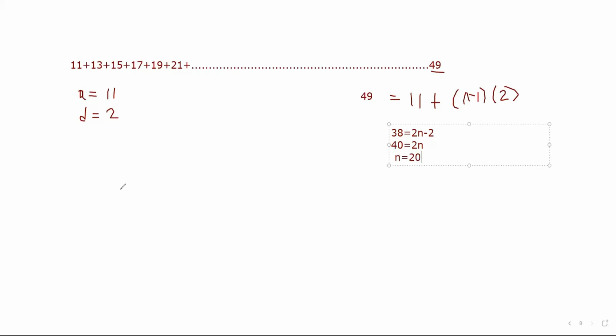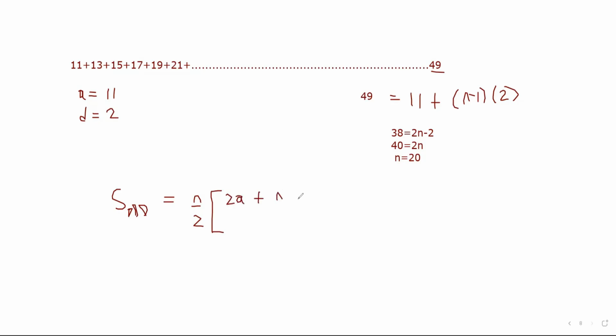Since n equal 20, now we can find the sum of all the odd numbers. The sum is n over 2 times in bracket 2a plus n minus 1 times d.